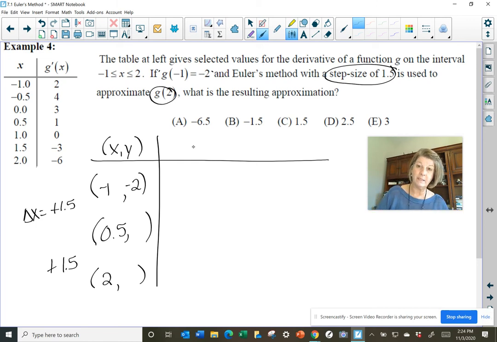Now, what's the process? I take the y old, add to it the change of y, which is a calculation of delta x times f prime of x, which is really your x sub old as well. And that should give us a y new.